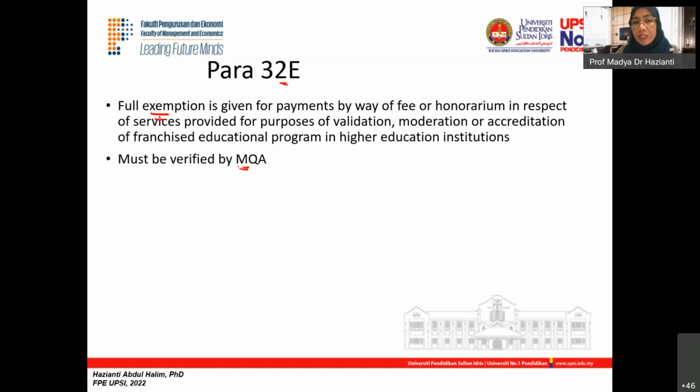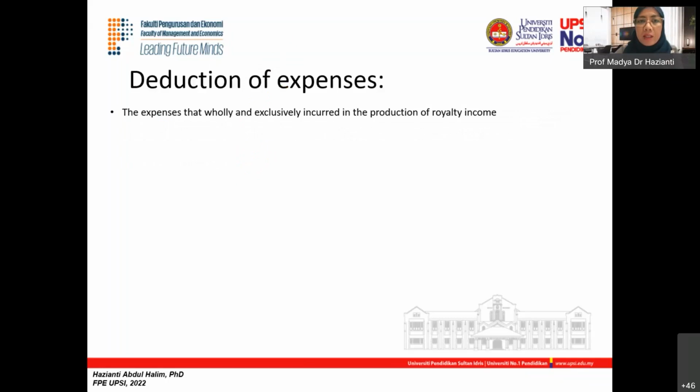MQA is Malaysian Qualification Agency, in case you wonder apa benda MQA, and all our programs in Malaysia ni must be accredited with MQA. Kalau tak dikira program tak ada accreditation lah, nanti PTPTN pun tak boleh dapat waiver. Nak masuk kerja pun tak boleh. Dia dikira program or degree program tu tidak di-recognize. So in Malaysia kita ada MQA yang recognize all the academic programs.